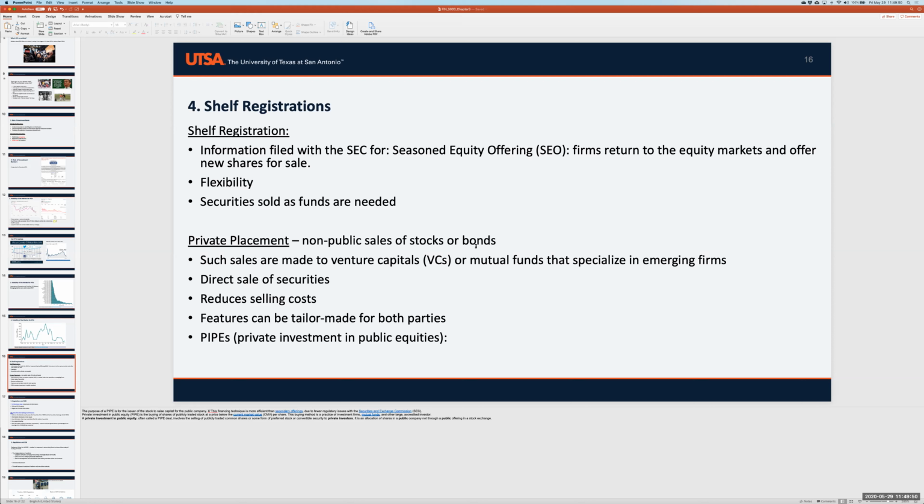They're directly selling the shares or stocks to venture capital or mutual funds. Again, this is a direct sale, which reduces the selling costs, and there's no stock exchange in these transactions, and features can be tailor-made for both parties. This transaction is called a PIPE, meaning private investment in public equities.